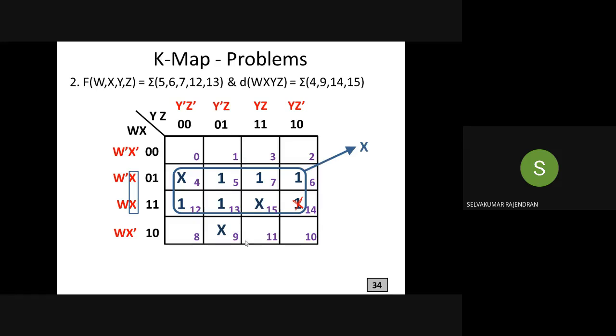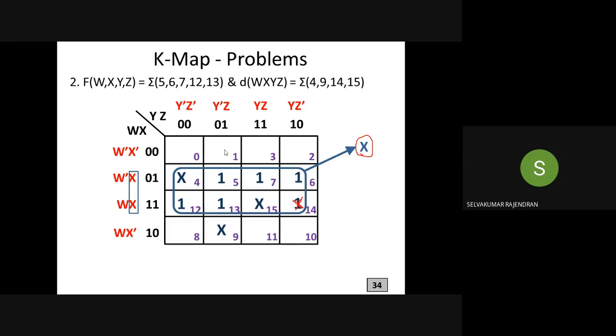Hope that after grouping the ones, you know the procedure to get the min term. We have to take the common term from the left side or from the top side. Here 8 cells are grouped in a single group.